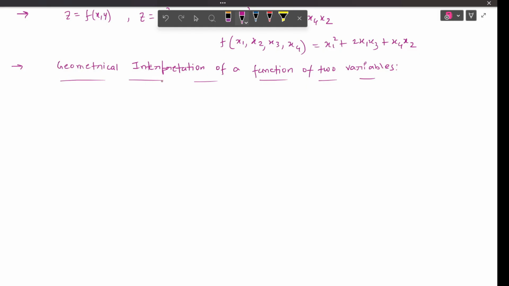In case of a function of two variables, let us say z equals f of x comma y, this function represents a surface in three-dimensional space. Okay. So this is the interpretation.